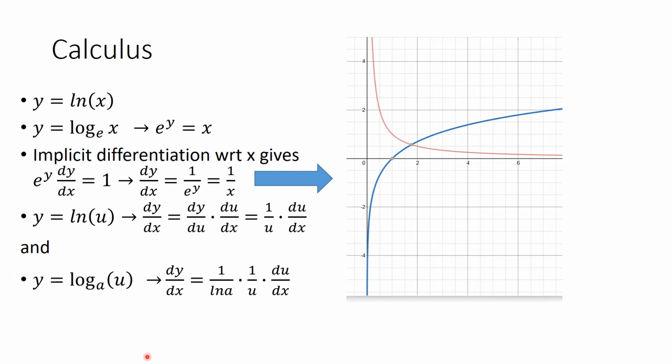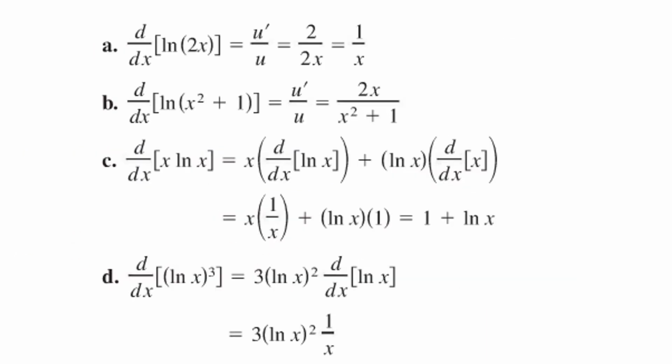Finally, we have a change of base formula, so we know that if y is equal to the logarithm base a of u, then dy dx is 1 over the natural logarithm of a times 1 over u times du dx. These are the formulas that you want to commit to memory.